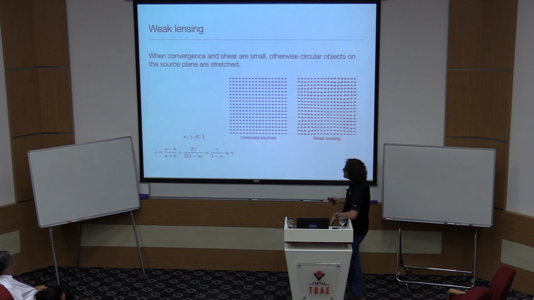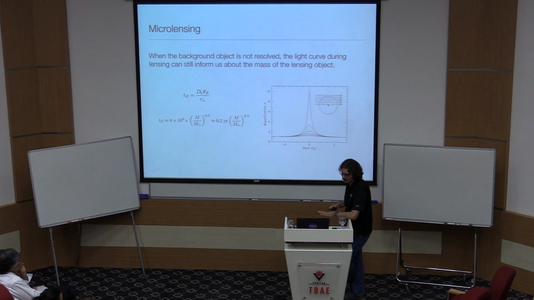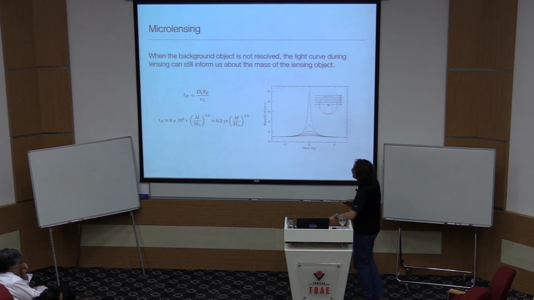So for example, if you start with sources that look like this, they don't have to be circles, but they are essentially weak lensed into a weird shape, essentially due to the non-zero, but still very small gamma. Essentially, there is only stretching, but not much convergence here. I really won't go into much detail on weak lensing because that's out of scope of this talk. Similarly for microlensing, but I just wanted to mention it.